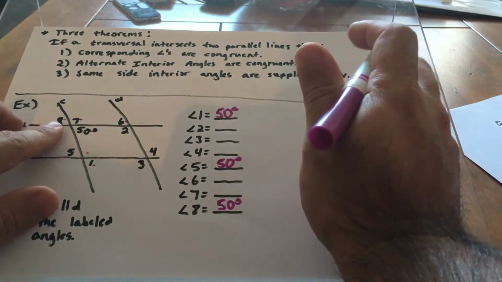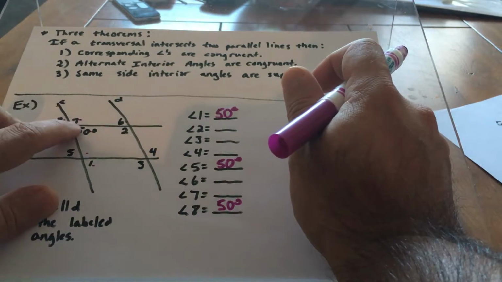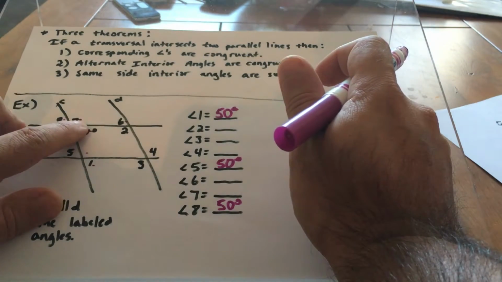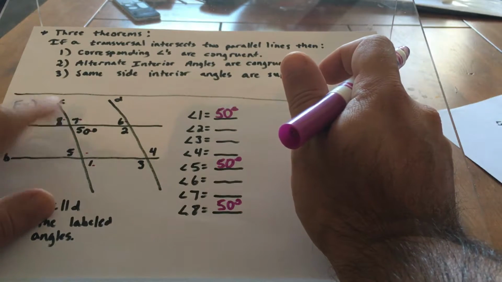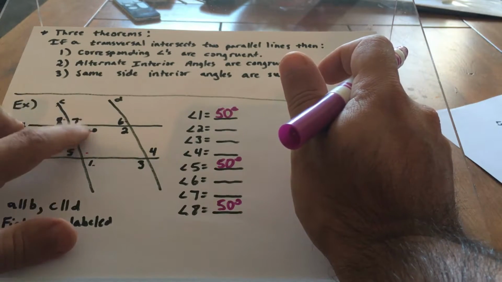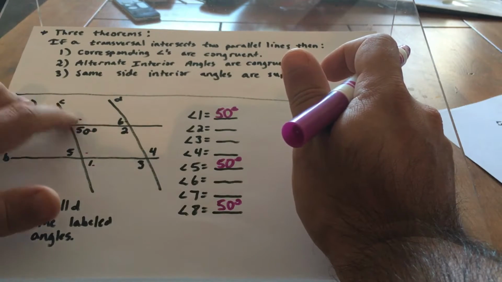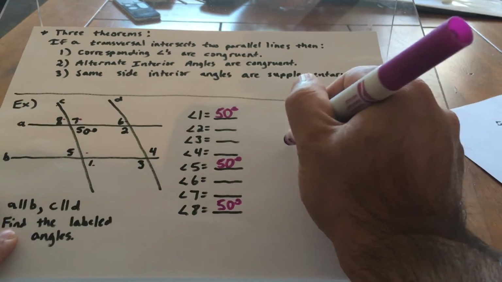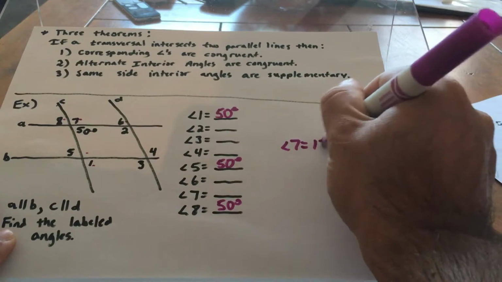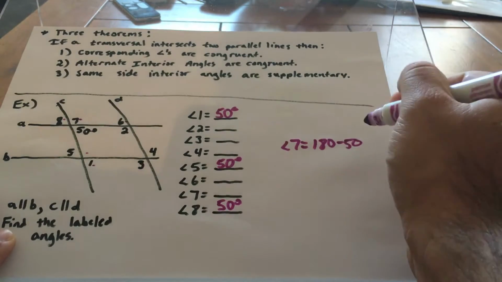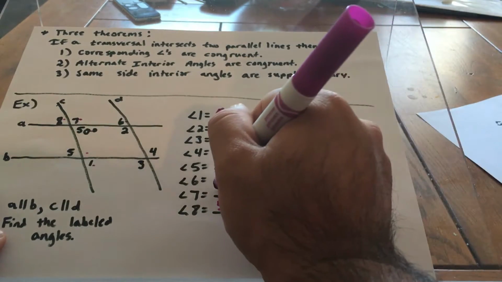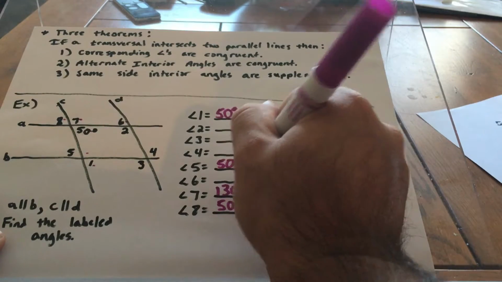But you can also see it another way, that 8 and 7 are supplementary because they form a straight line. So if angle 8 is equal to 50, then angle 7 has to be supplementary with 8. So angle 7 is going to be 180 minus 50. So angle 7 is going to be equal to 130 degrees. All right.